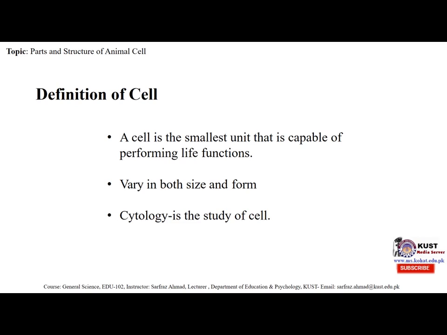Cell theory was first developed in 1839 by Matthias Schleiden and Theodor Schwann. It states that all organisms are composed of one or more cells, that cells are the fundamental unit of structure and function in all living organisms, and that all cells come from pre-existing cells. Cells emerged on earth at least 3.5 billion years ago.